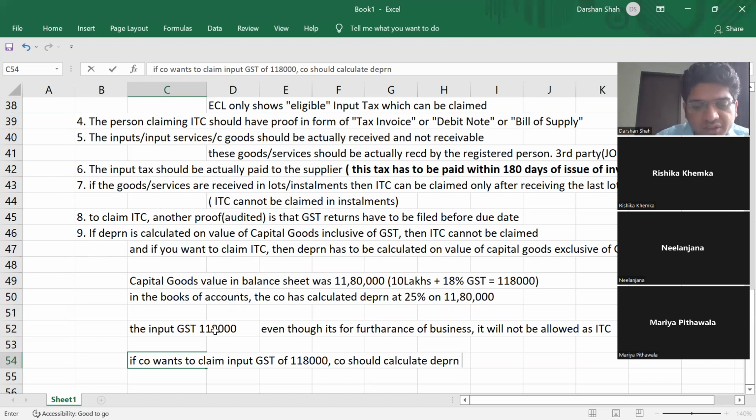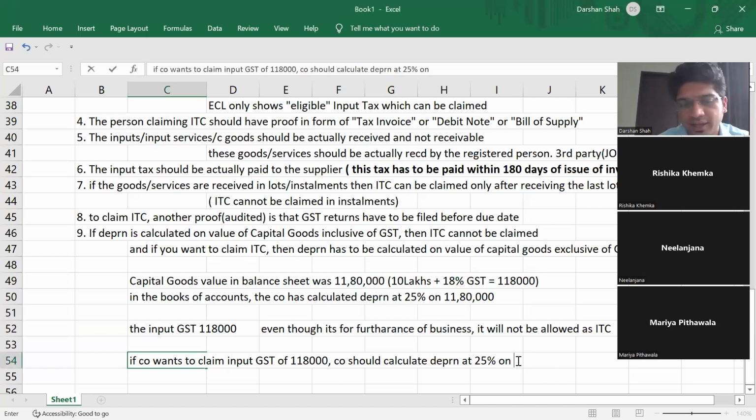The company should calculate depreciation at 25% on which value? Tell me. 10 lakhs. On the value of 10 lakhs, right?